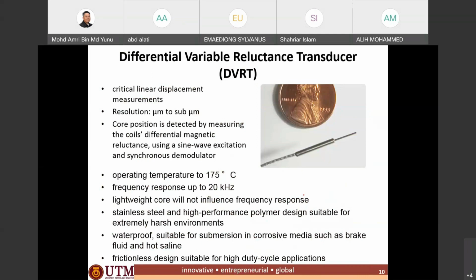The core position is detected by measuring the coil differential magnetic reluctance using a sine wave excitation and synchronous demodulator.